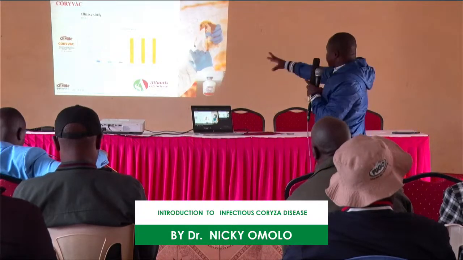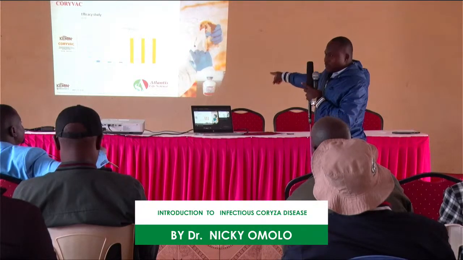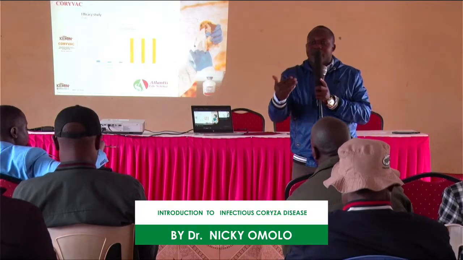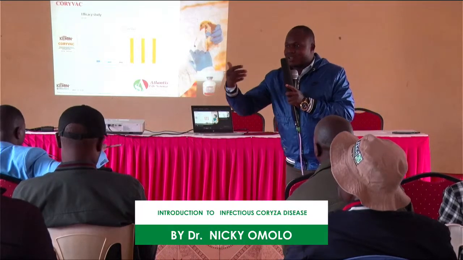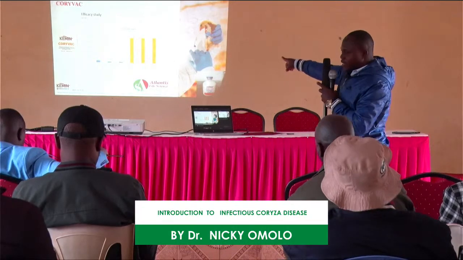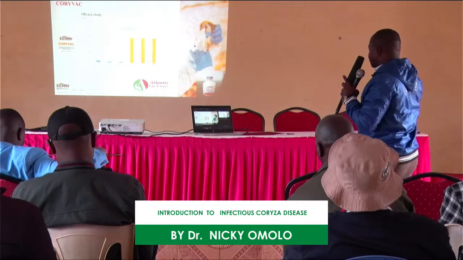So for the clinical side, it was realized that the group under control, when predisposed to infectious coryza, manifested clinical symptoms of infectious coryza. But the ones under test, that were vaccinated, showed minimal symptoms of infectious coryza.